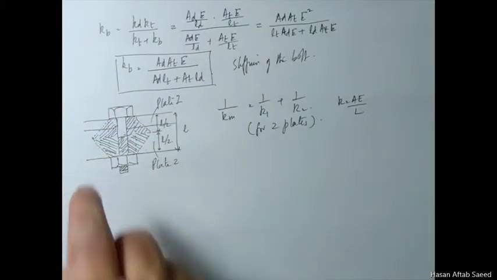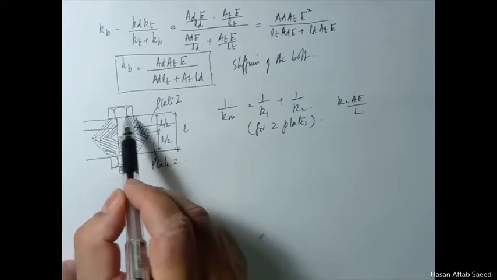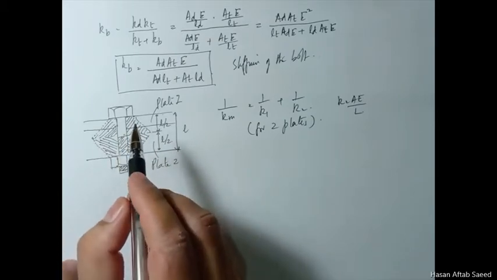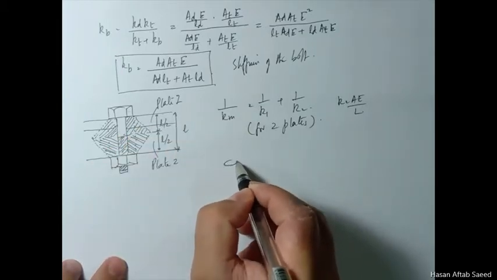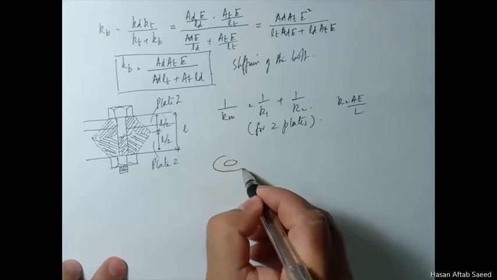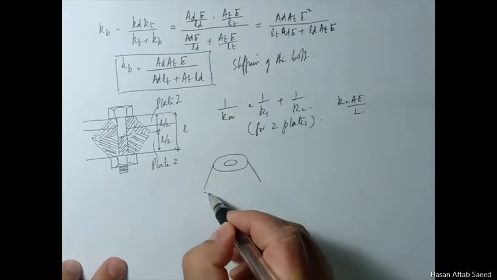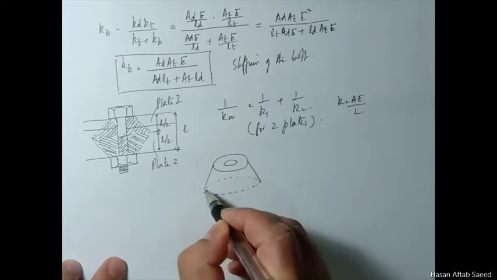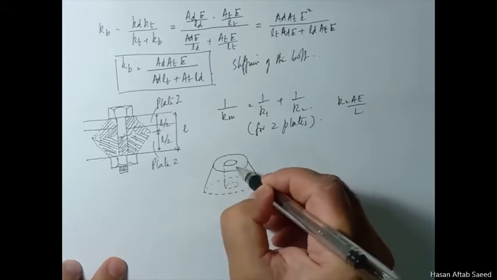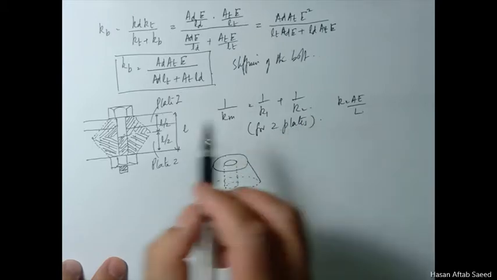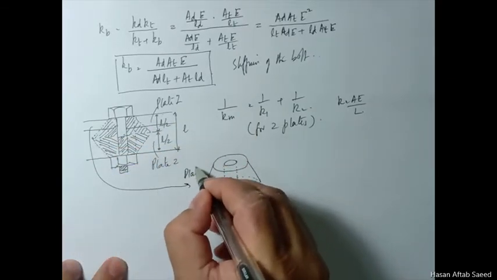Now, this figure shows this compressed area in a 2D way, so it looks like this, but actually this is a 3D situation. The part of the material that goes under compression, to draw it in 3D, is something like this. Obviously there's a hole inside, so you have to exclude that. I've just drawn this plate 1.